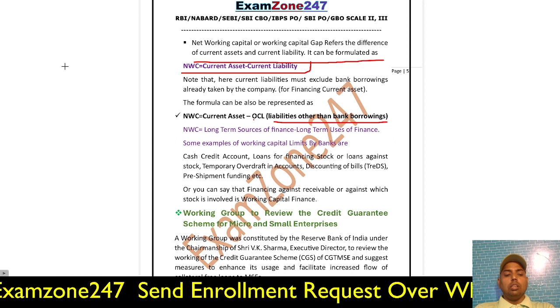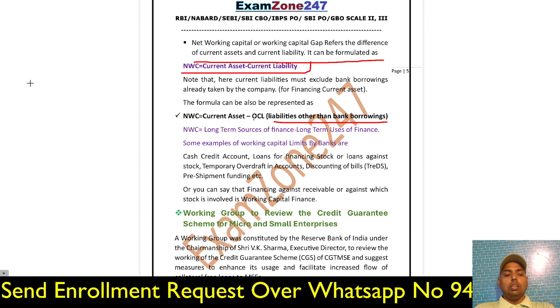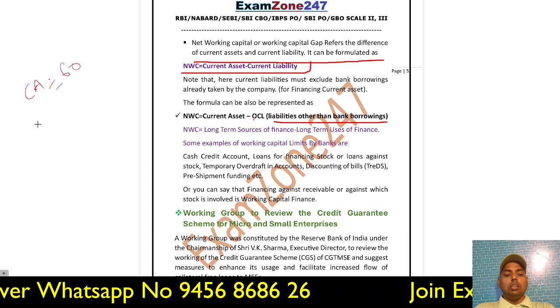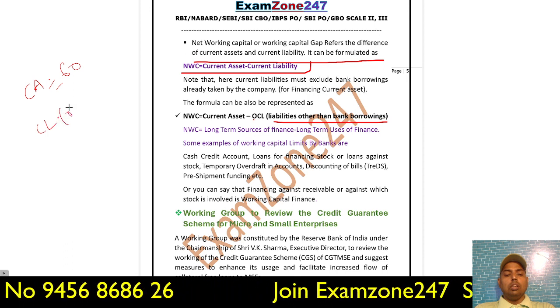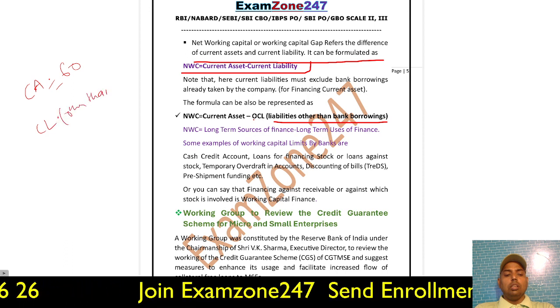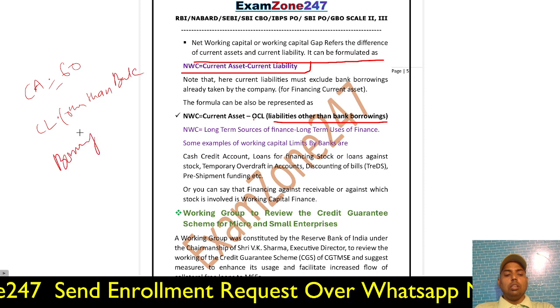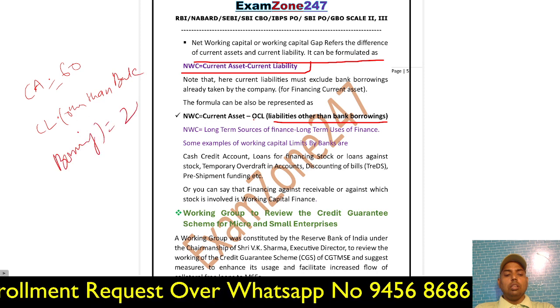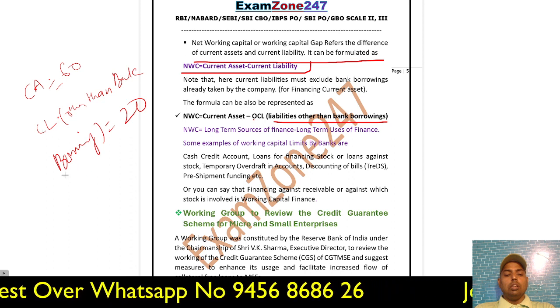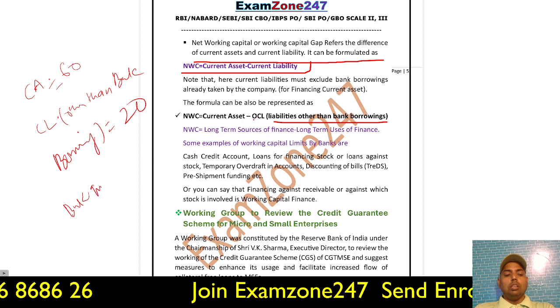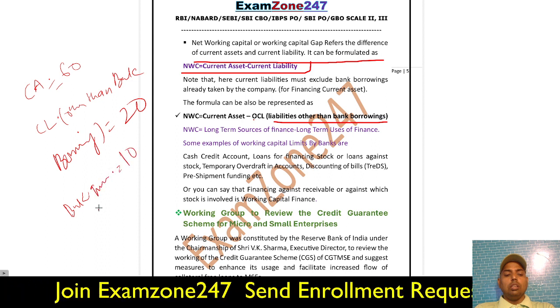Okay. Suppose current assets are 60, current liability other than bank borrowing 20, and bank borrowing 10.